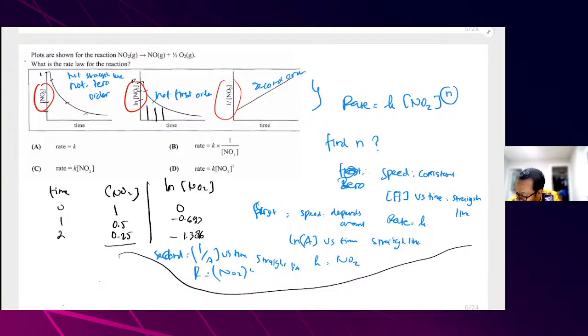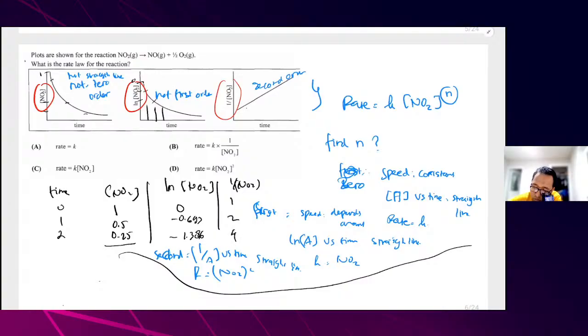Now let's take a look at the second order. For the second order, 1 per NO2 will be 1, 2, and 4.